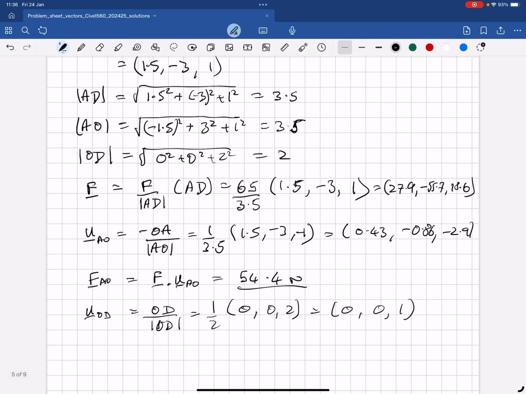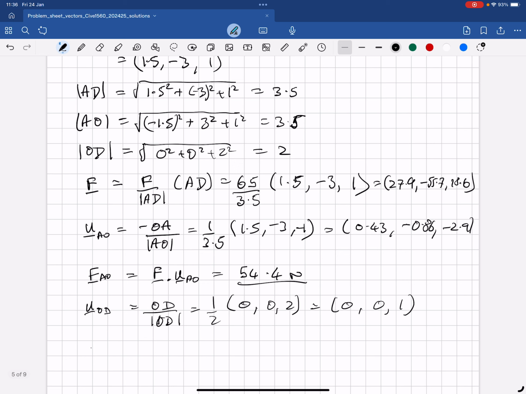It's a bit simpler arithmetic here, but you do need to do the dot product. So F along OD is equal to the force vector dotted with the unit vector OD, which you can do with that scalar product or dot product, and that comes out to be 18.6 newtons.